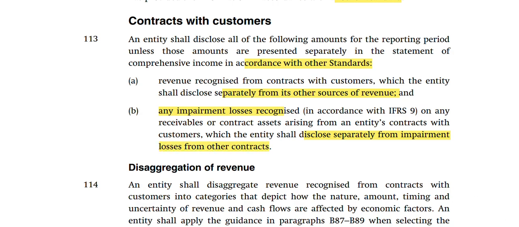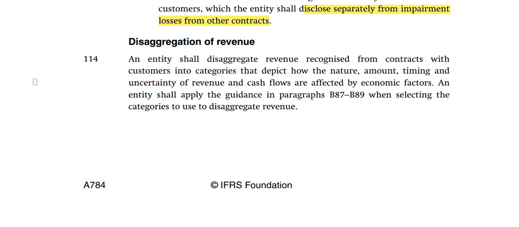And then we're going to look at the disaggregation of revenue. An entity shall disaggregate revenue recognized from contracts with customers into categories that depict how the nature, amount, timing, and uncertainty of revenue and cash flows are affected by economic factors. An entity shall apply the guidance in paragraphs B87 to B89 when selecting the categories to use to disaggregate revenue.